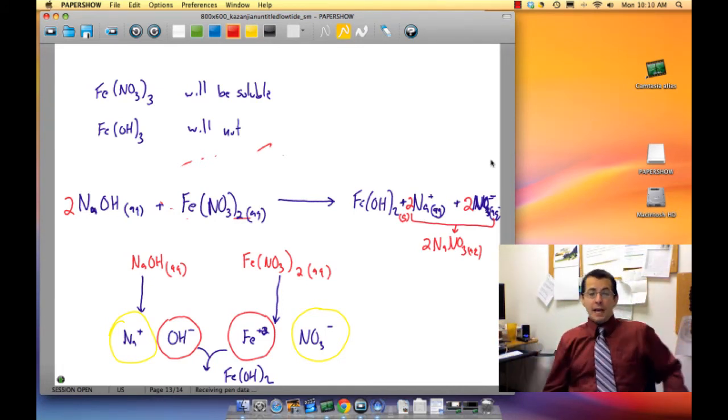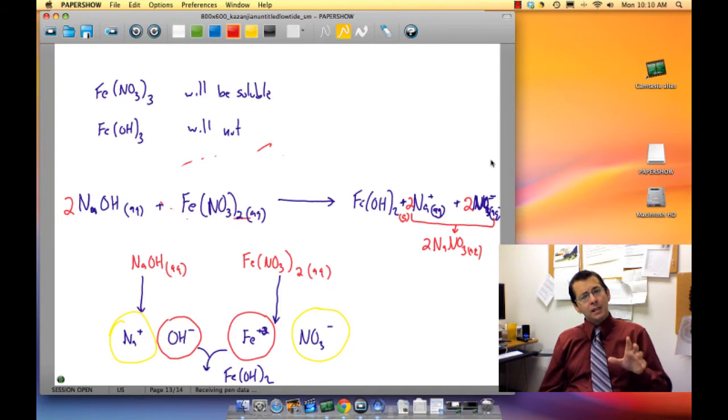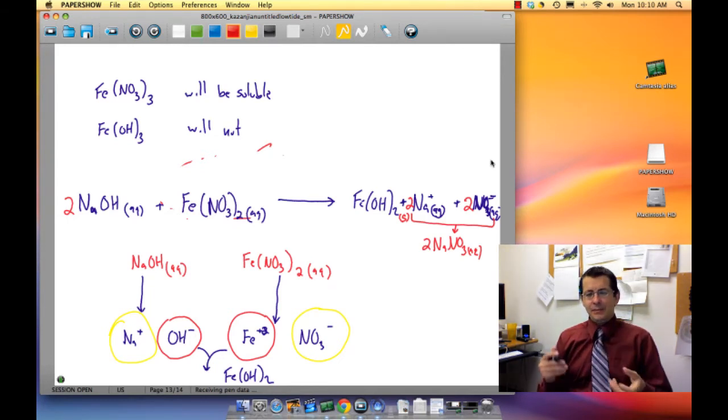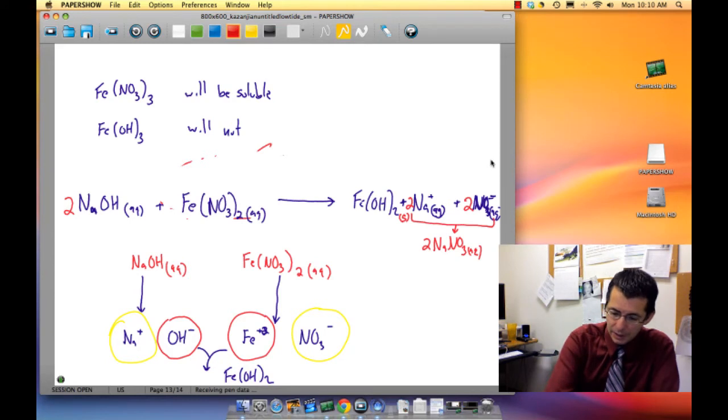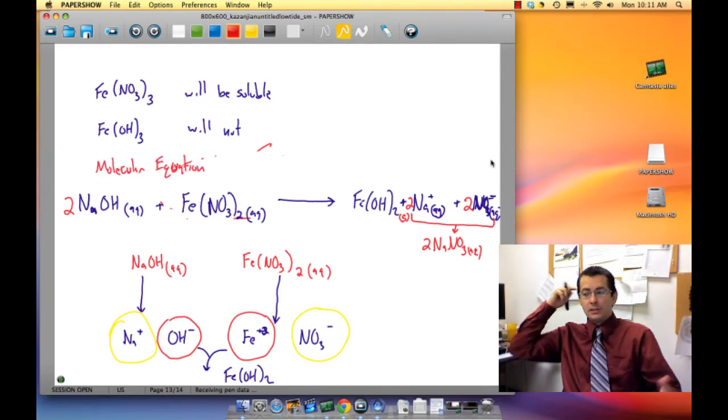It tells us overall what's happening. But how do we generate this? I mean, how did I know that that hydroxide formed? And how do I know that we had that sodium nitrate? So this molecular equation is actually the end result.